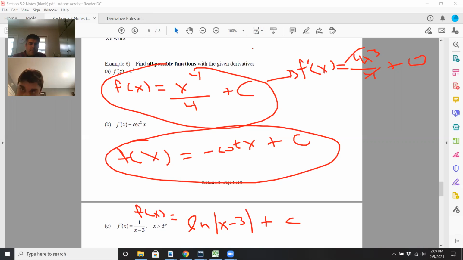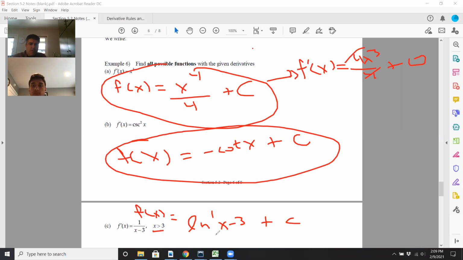I suppose you don't really need the absolute value, because you already assumed that x is greater than 3, so you're not going to be taking the log of any negative numbers. But I like to be on the safe side and put the absolute value anyway.